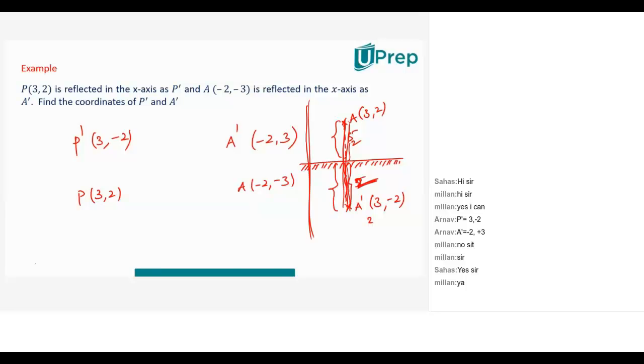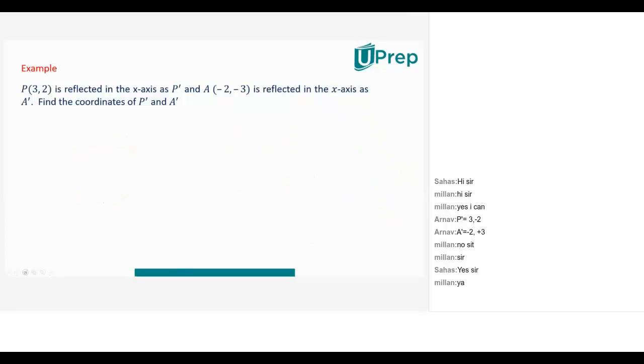Now, before I go to the next slide, I'll do the basic idea on this slide only. I have a mirror which is as usual a vertical mirror, and I have a point here, P(3, 2). Now it's a standing mirror only.